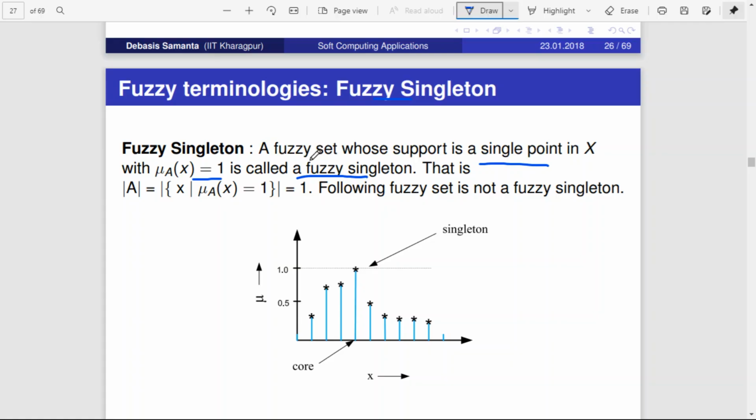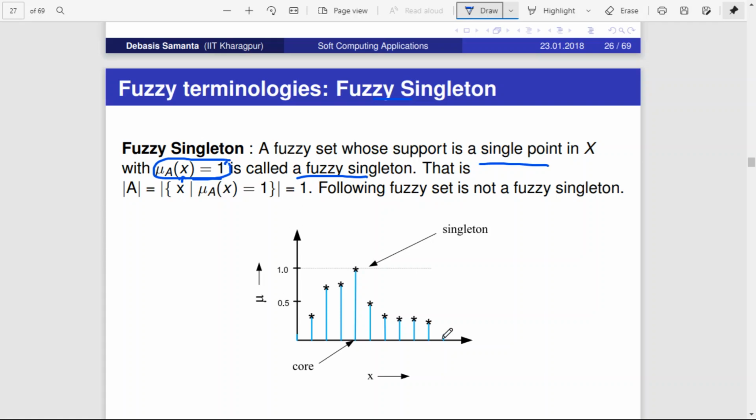We call a fuzzy set a fuzzy singleton set if there is only one value of x which produces an output of 1. Is it clear? A set is called a fuzzy singleton set if there is only one value of x whose membership function results in 1.